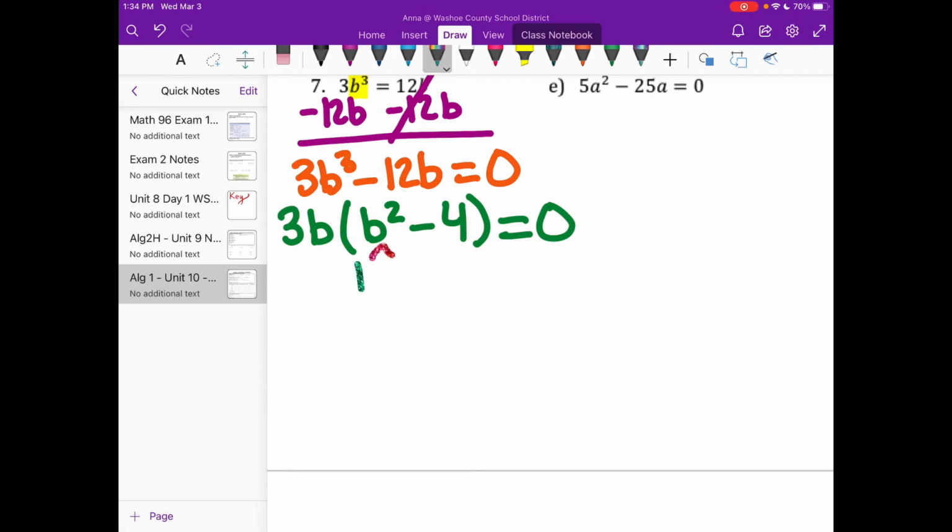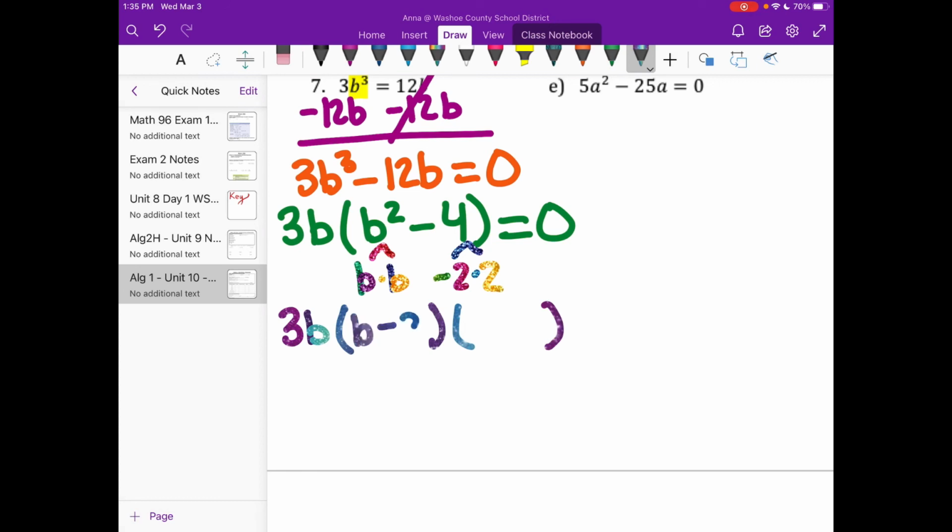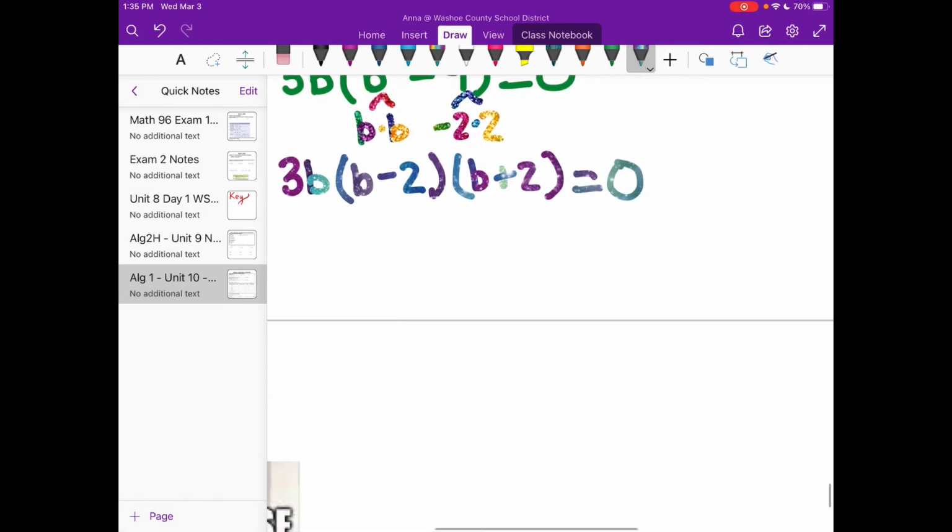We got those difference of squares, right? B squared is b times b. -4 is -2 times 2. Okay, so I'm going to write 3b on the outside, and then I have two parentheses for my difference of squares, b minus 2 and b plus 2 equals 0.